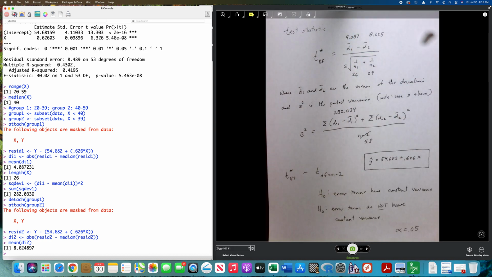All right. So we're going to have a negative test statistic, which is legal. All right. Let's go up and get squared deviations 2. di2, d12.